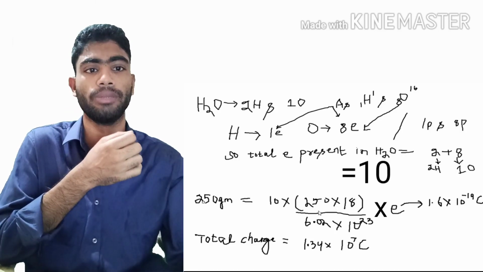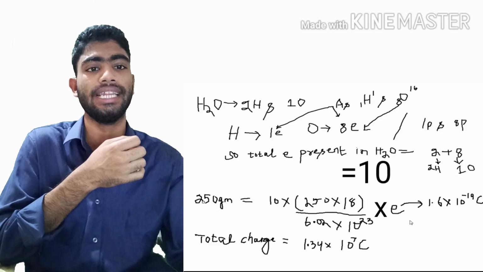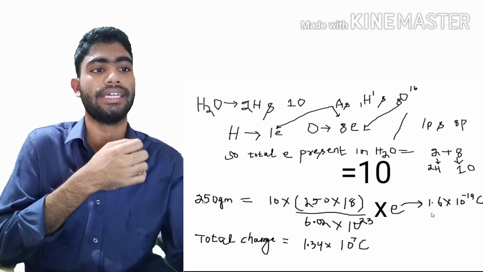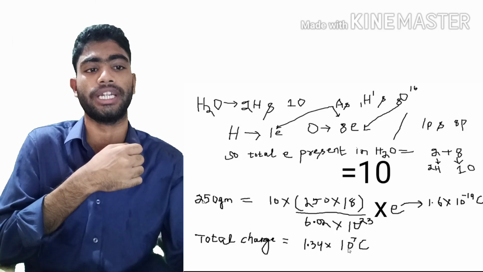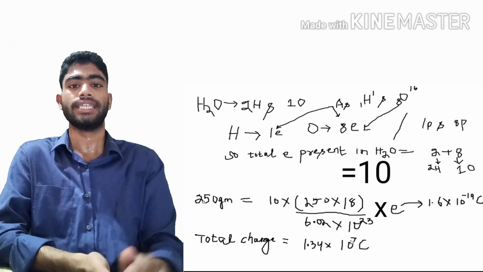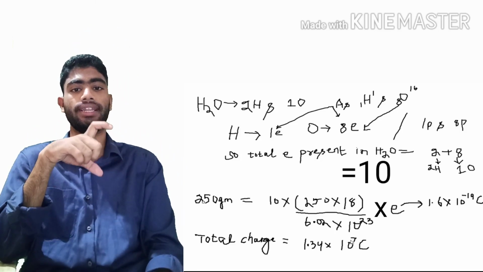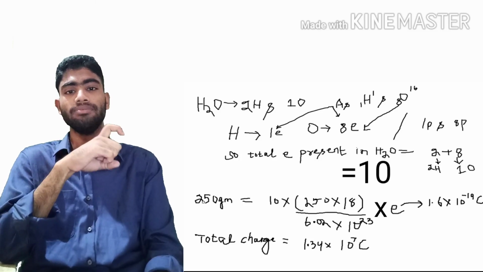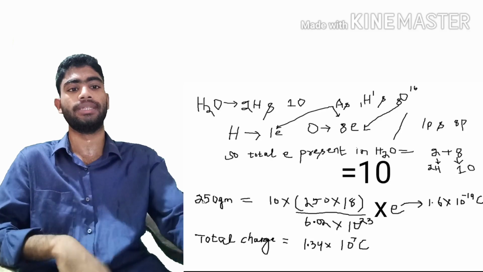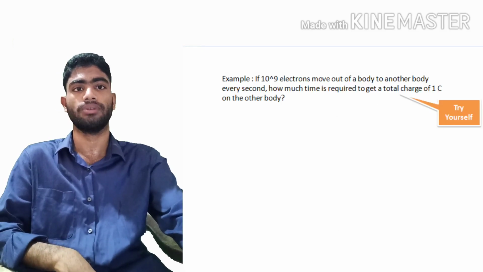So you simply multiply this number with 10 and the electron charge, which is 1.6 into 10 to the power minus 19 coulomb. If you solve this, you will get 1.34 into 10 to the power 7 coulomb. So we can say that a cup of water having 250 gram contains 1.34 into 10 to the power 7 coulombs.